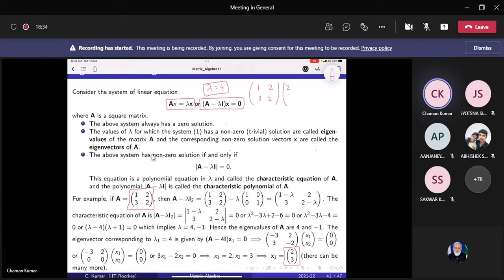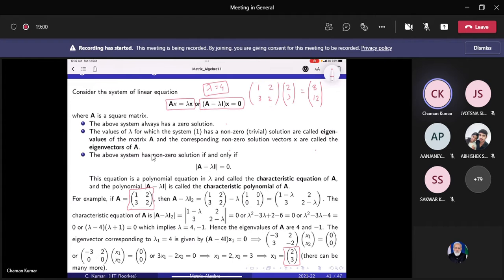Let's do the multiplication and give me the values. 8, 12.